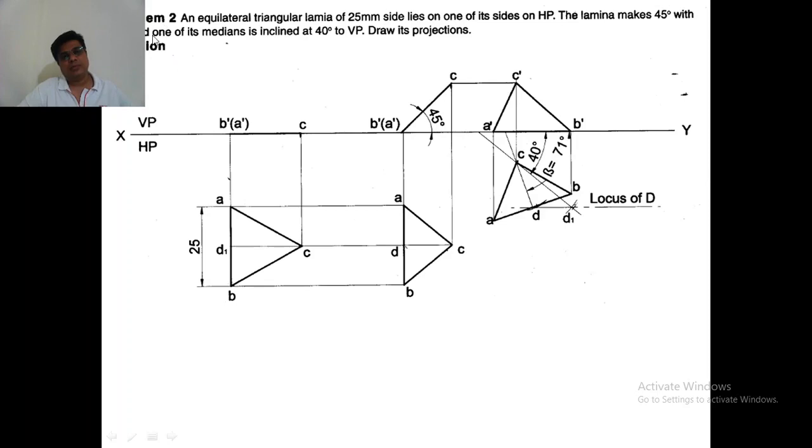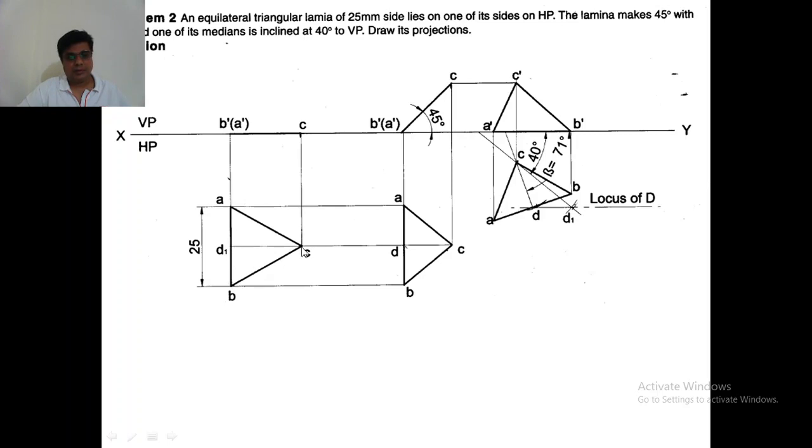The problem asks you to take any one median, and that median has to be inclined at 40 degree to VP. So first, let us understand that a median is any line which joins a corner to the midpoint of the opposite edge.